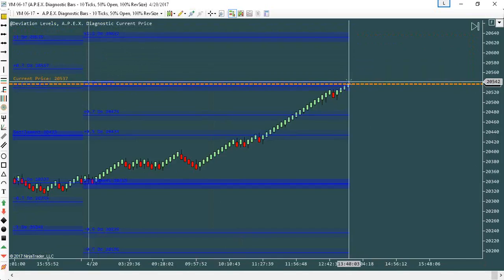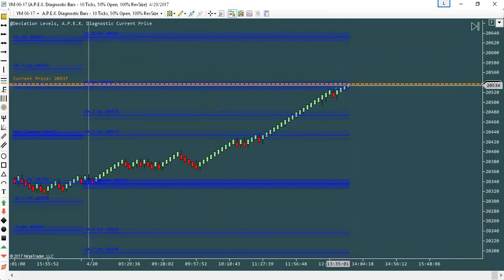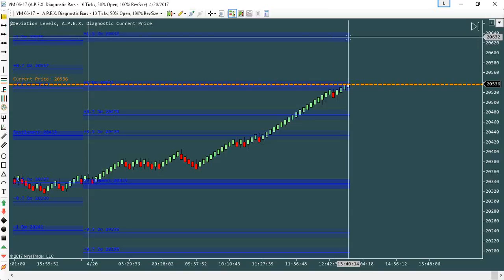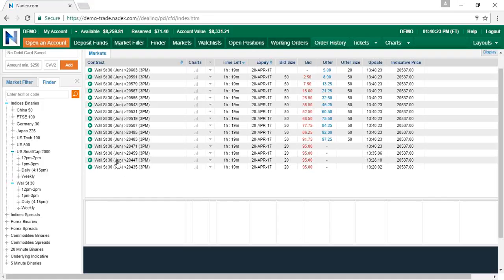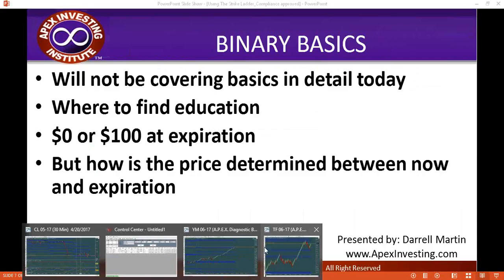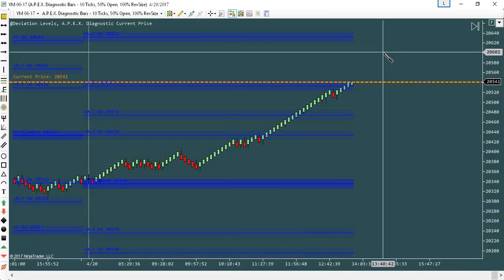Say the market's right here, and I think it's going to go up to this deviation level at 20,630. I'm looking at the strike ladder, and I don't have a binary at 20,630. The highest one I have is at 603. So I look back at my chart and say, there's not a binary up there, but there's a binary right here at 603.